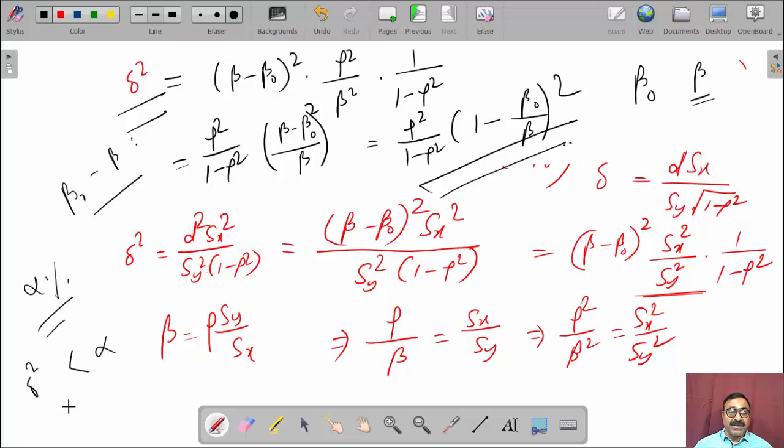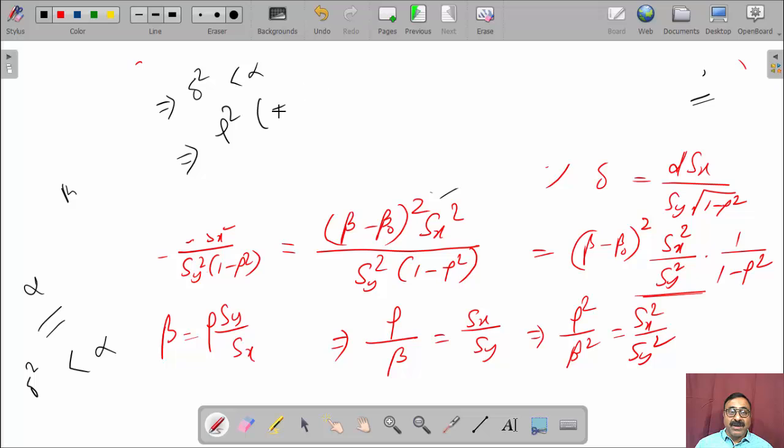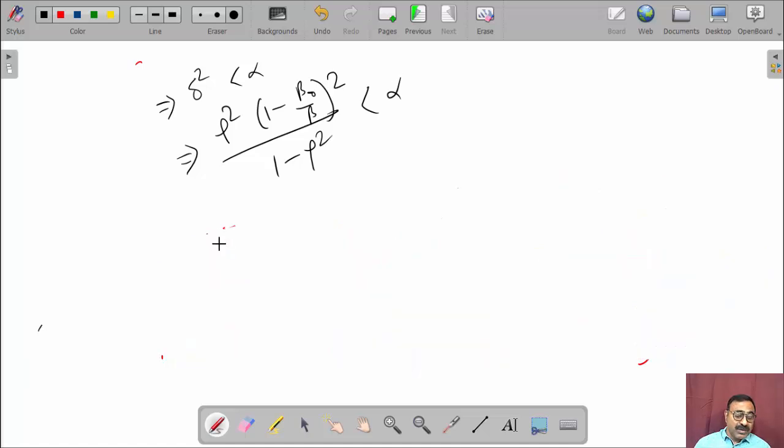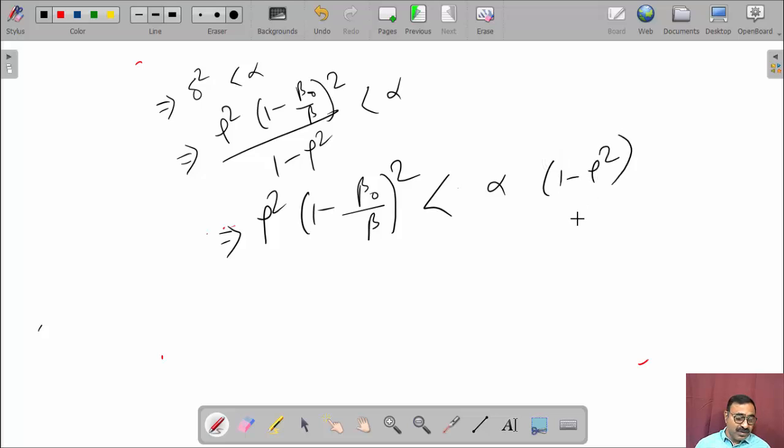So that implies ρ²(1 − β0 by β)² by (1 − ρ²) less than α. So that implies ρ² into (1 − β0 by β)² less than α into (1 − ρ²).